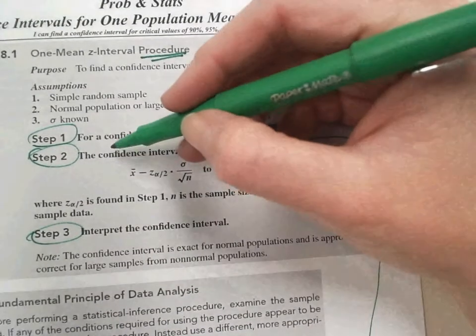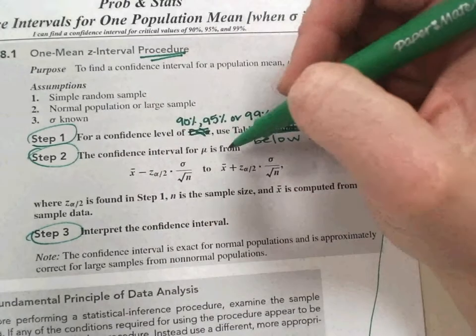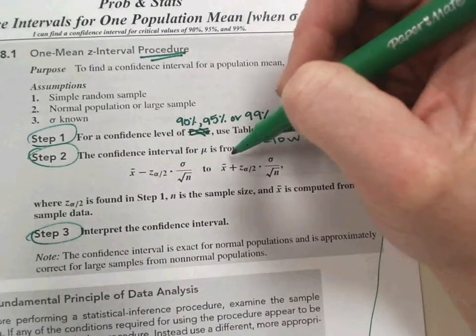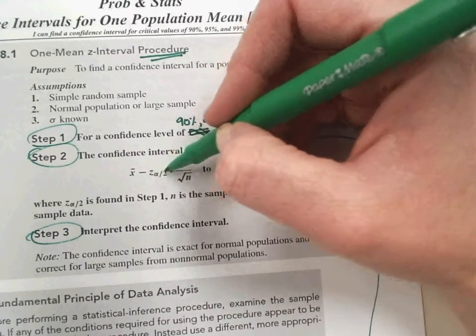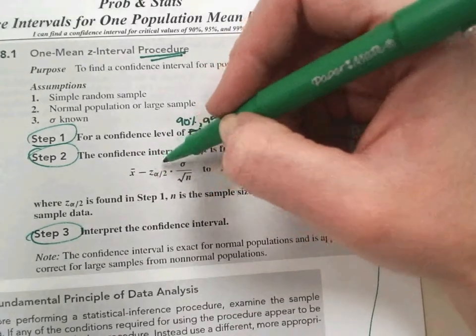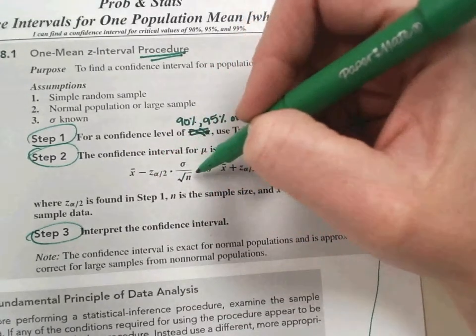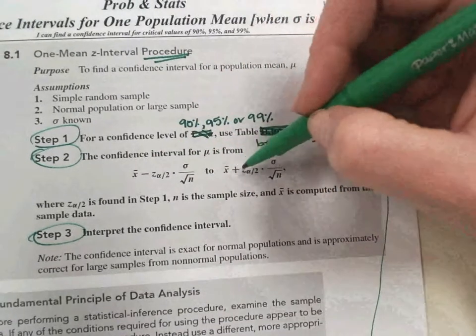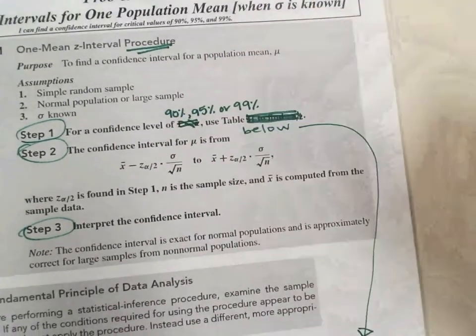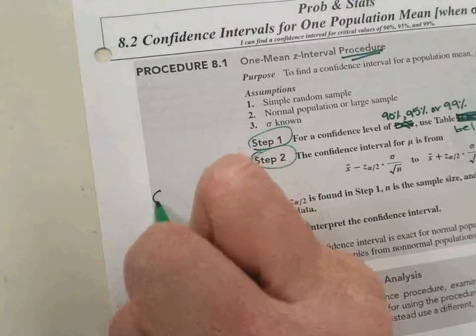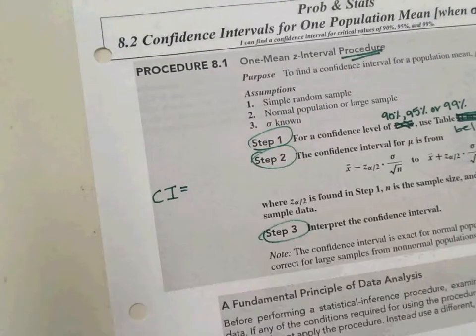Step 2 is to find the confidence interval for mu, which is x bar minus, we're going to put a CV here, critical value times sigma over radical n, all the way to x bar plus z sub alpha over 2 times sigma over radical n. So I'm going to rewrite that over here to the side.